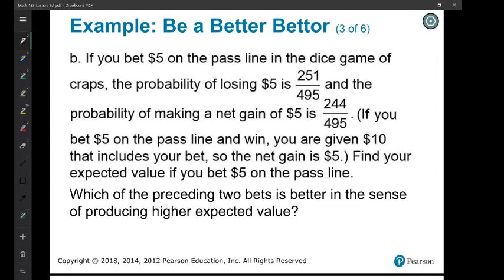Now the odds for craps: you will lose $5 251 out of 495 times, and you will gain $5 244 out of 495 times. So what would be the expected outcome here?